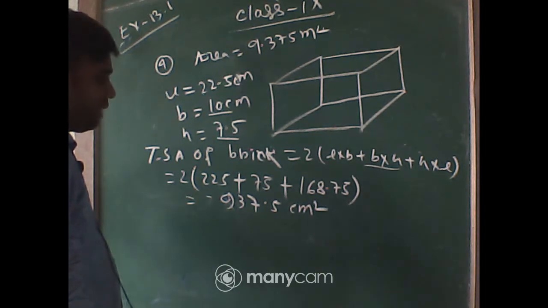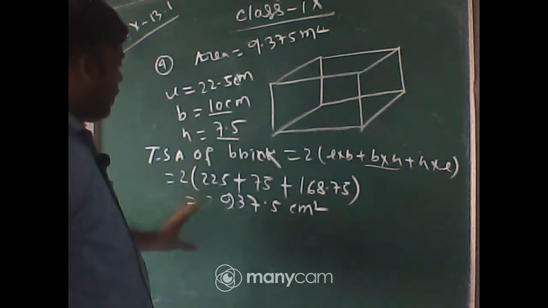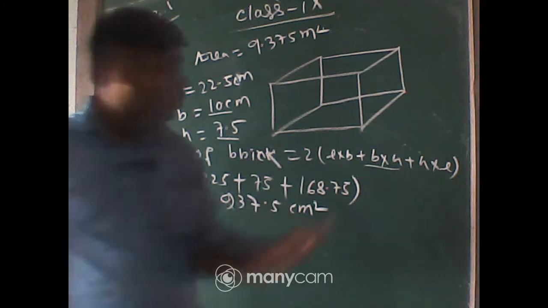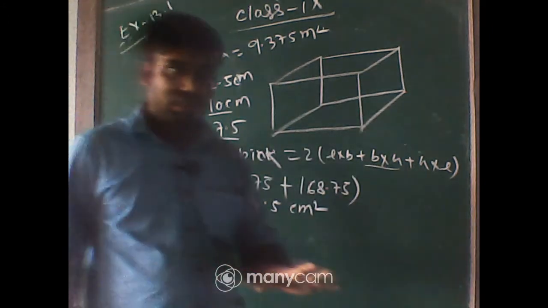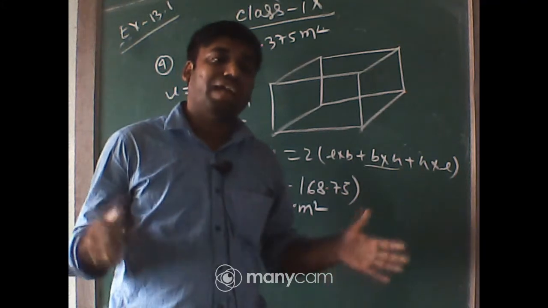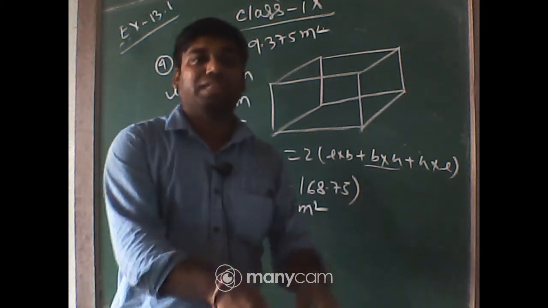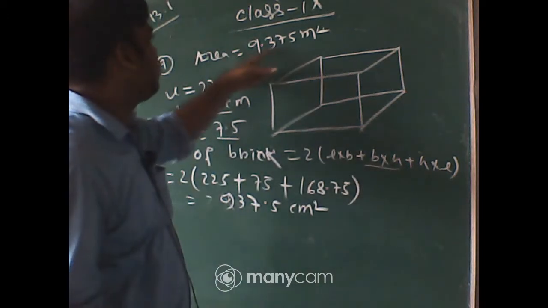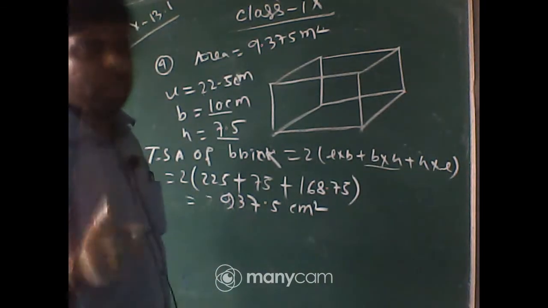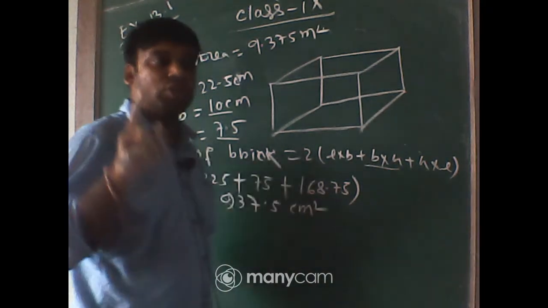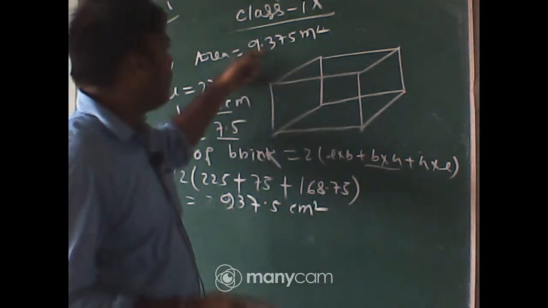Now students, the question is how many bricks. If you add some bricks, the area of all those bricks should be equal to 9.375. How many bricks should be added to get the area of 9.375?